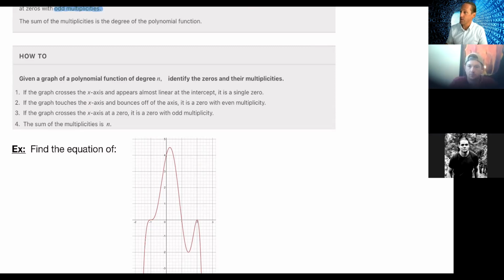Okay? So what are some obvious key points that we want to look at? The zeros. Good. Zeros or x-intercepts. Because right then and there, we should be able to say that this function has, and let me give myself a little bit more room, 3 zeros, doesn't it?